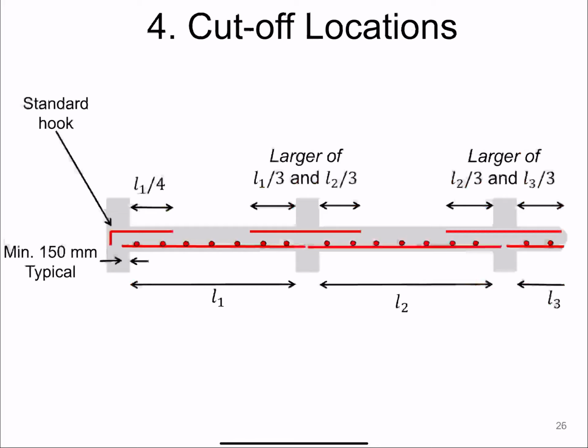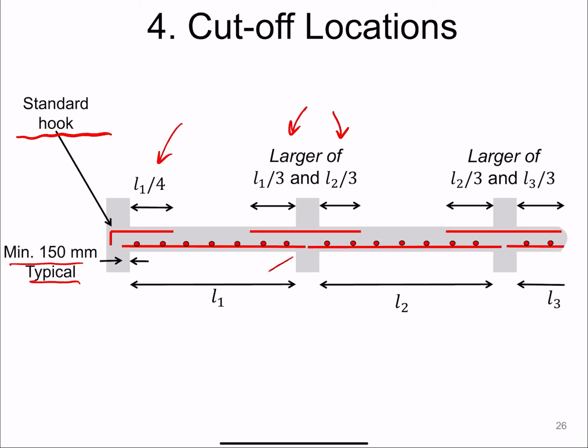So what are the generic cutoff requirements? Standard hooks for the intersection with the outer column. A minimum of 150 mils typical penetration of the positive reinforcement into the support. Clear span over 4 in the outer span. For the negative reinforcement, the larger length of clear span divided by 3 for each of the spans.